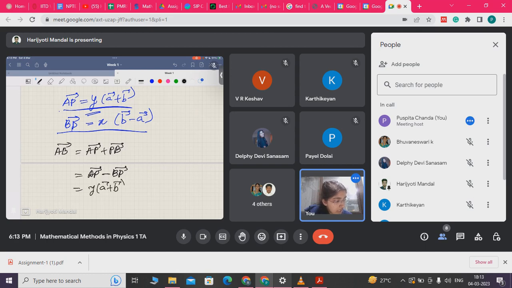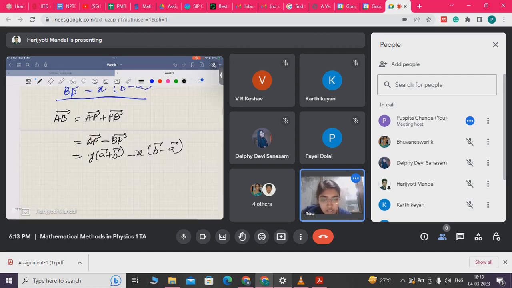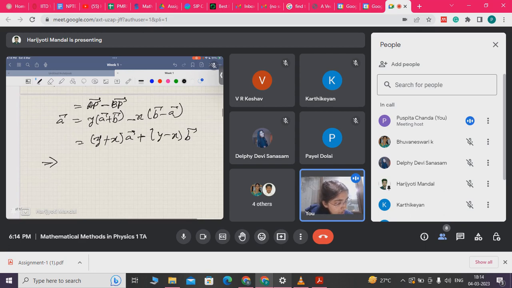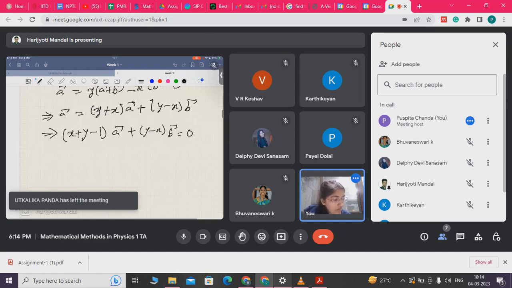Here AP we know is Y times A plus B, and BP is X times B minus A. AB is A. After simplifying that, we get Y minus Y plus X times A plus Y minus X times B. We can write this as X plus Y minus 1 times A, because here is also a 1A, plus Y minus X times B is equal to 0.